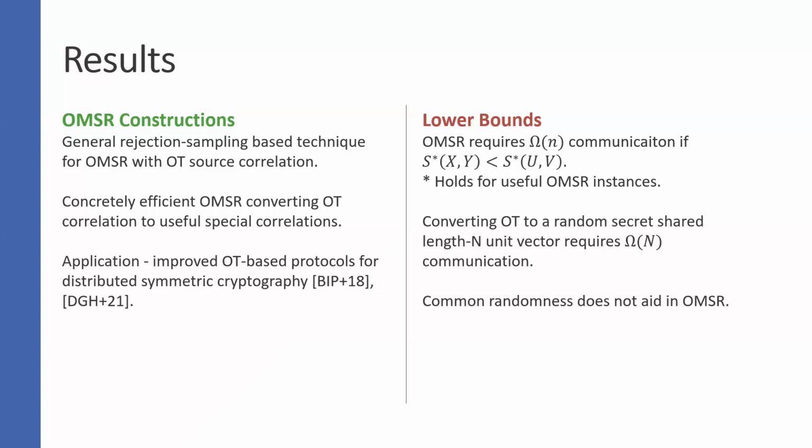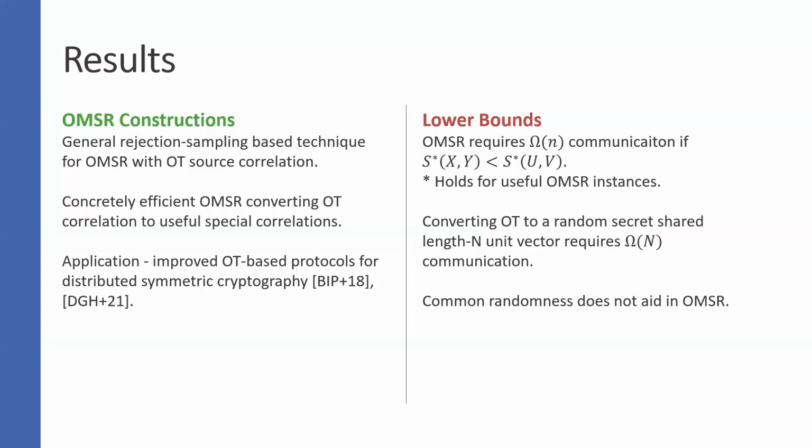We also show that even with two-way communication, converting OT to a random secret-shared unit vector requires a linear amount of communication in the length of the unit vector. Actually, these two lower bounds hold even without any security. Common randomness in the real world can be generated very cheaply, and using common randomness without the security requirement, we can do it without any communication.